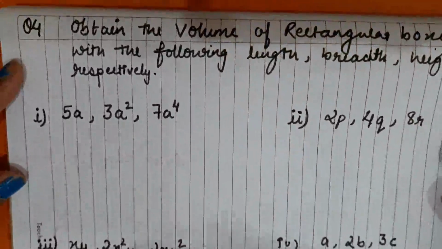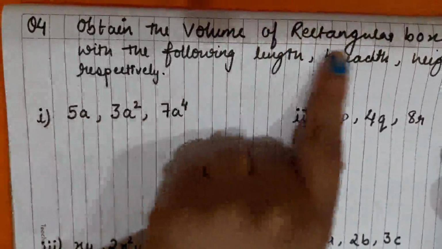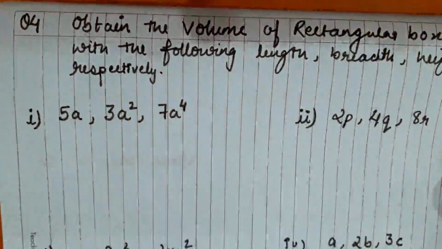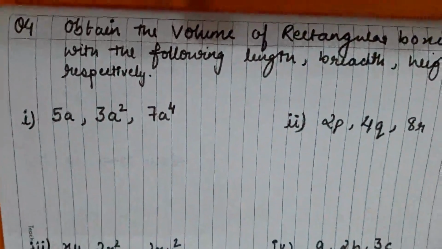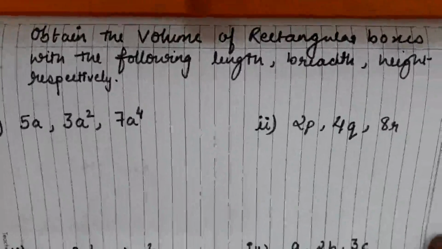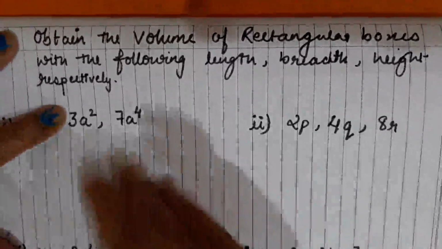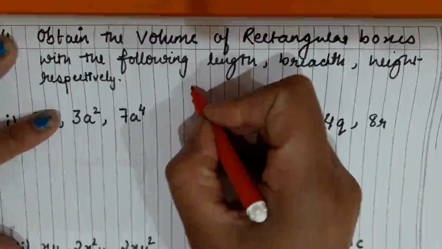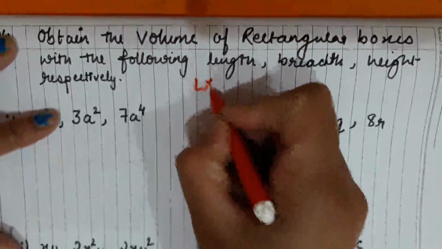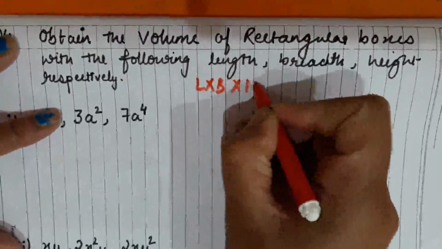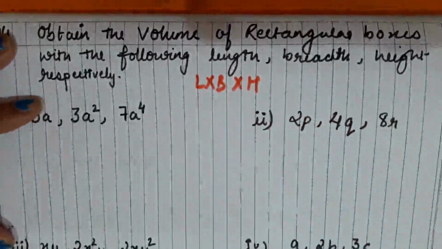Now our next question is: obtain the volume of rectangular boxes with the following length, breadth and height. Now rectangular boxes are given to you. Volume you have to find out. So for finding the rectangular box volume, length into breadth into height. So again you have to do multiplication.